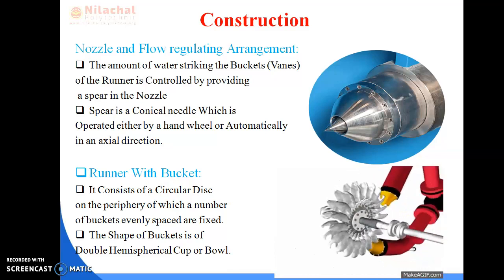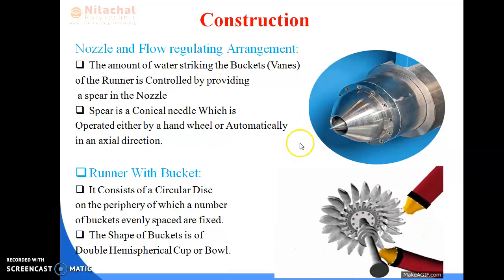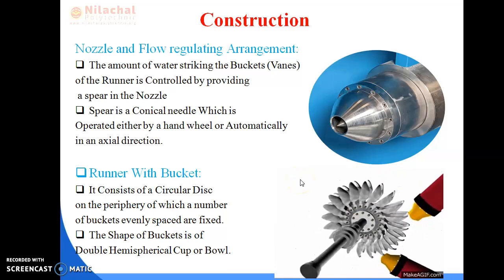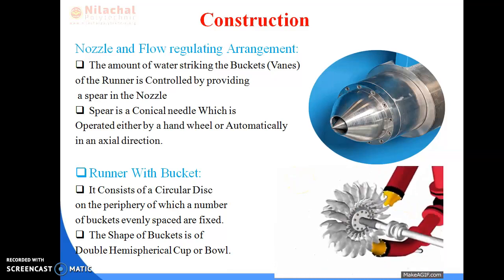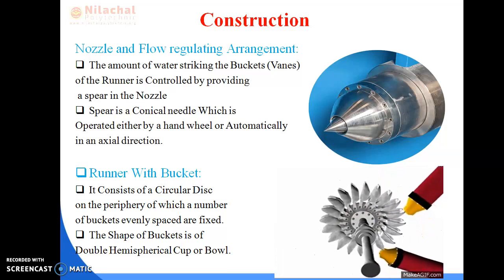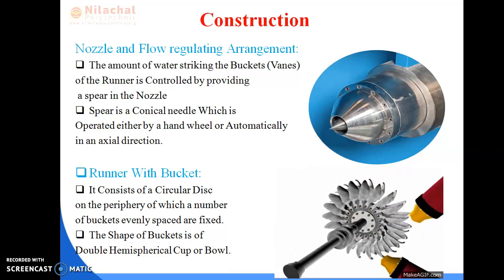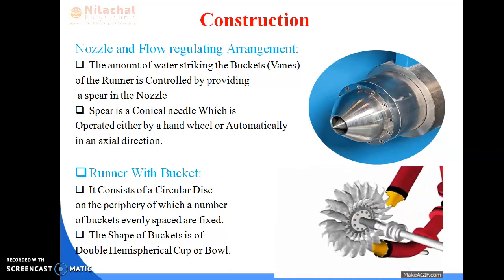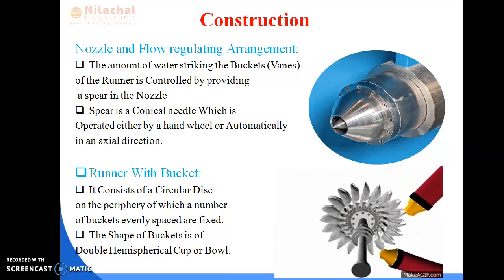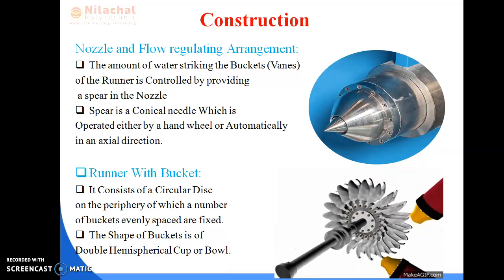In this way, the flow is regulated by the spear. The main purpose of the flow regulating arrangement is that, depending upon the load at the output shaft of the turbine unit, we have to supply the water. So flow regulation can be done by using the spear, and hence it is known as a flow regulating device.